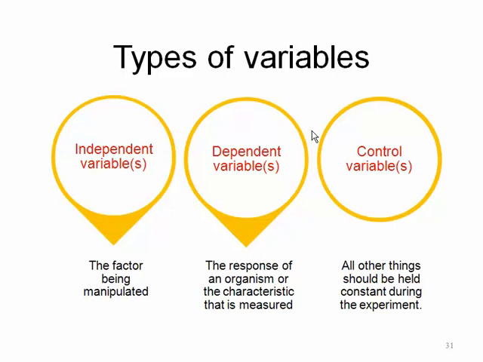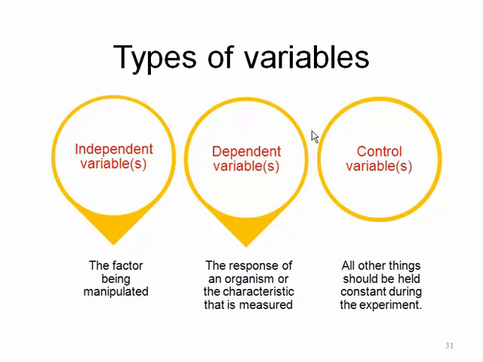So for example, you could have a plant experiment where the independent variable would be the water, the addition or lack thereof of water, and the dependent variable would be the growth or survival of the plant.